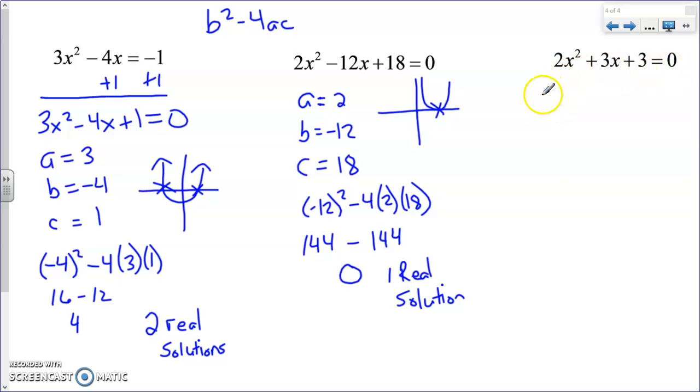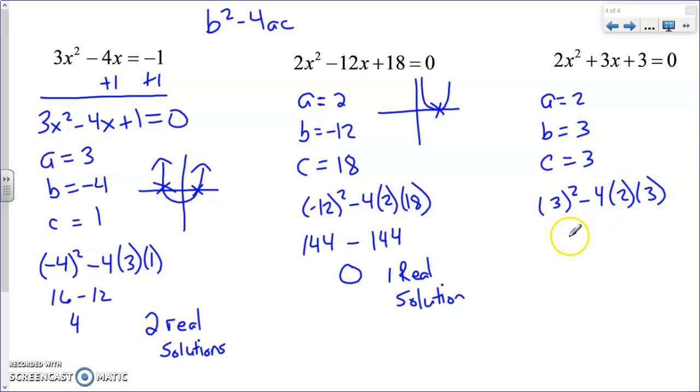All right, so here it's equal to 0, so A is going to equal 2, B is going to equal 3, C is going to equal 3. So I'm taking it, plugging it into the equation. I get 3 squared minus 4 times 2 times 3. 3 squared is 9. 4 times 2 is 8 times 3 is 24.